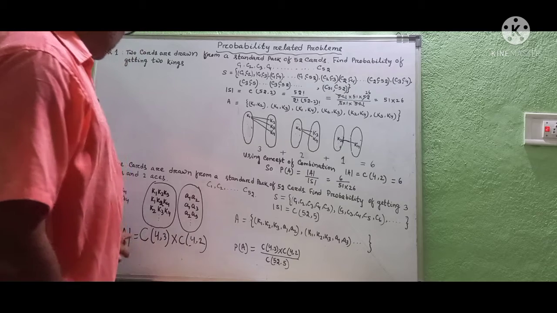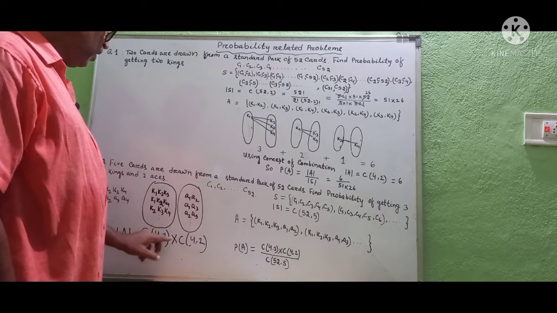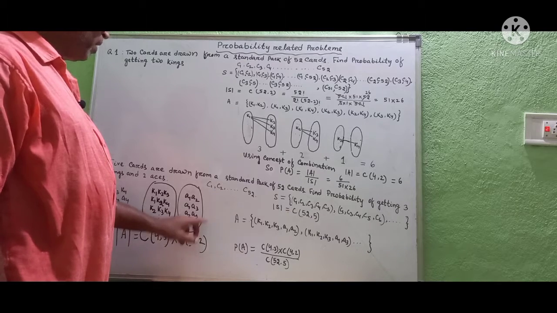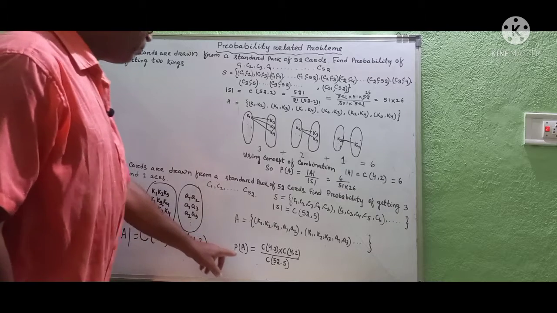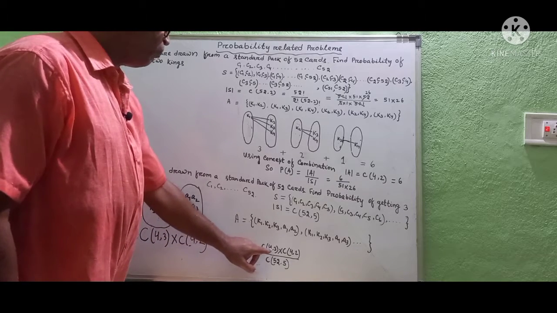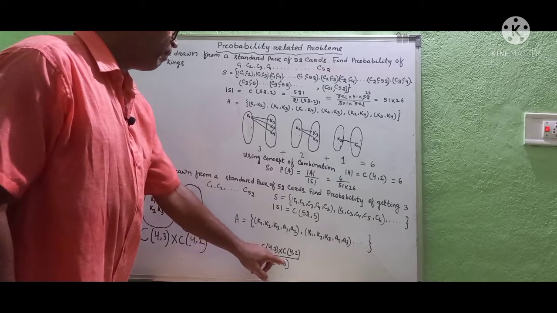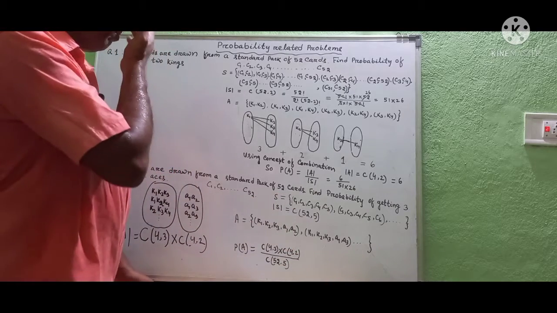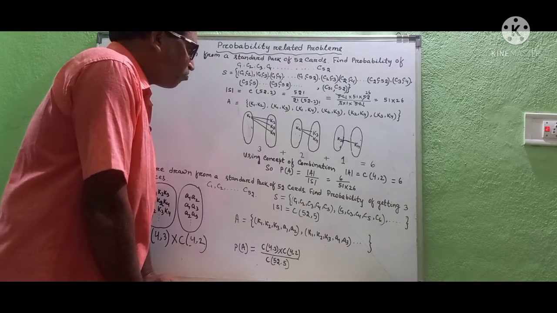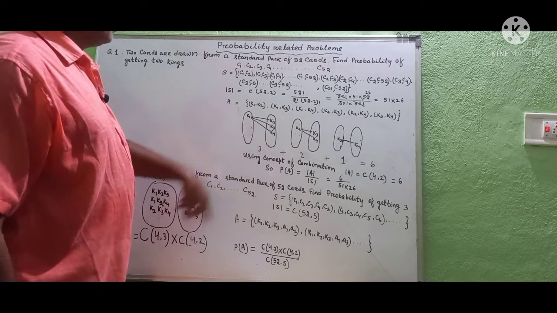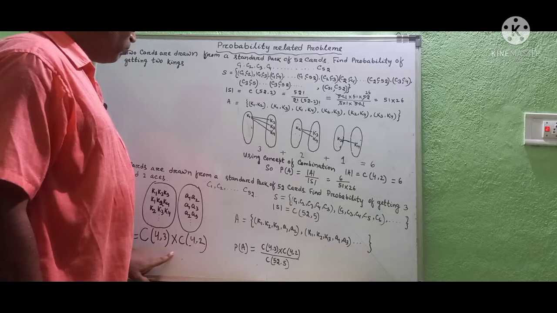So the cardinality of A is equal to C4,3 into C4,2 by the counting principle. So the probability of A is equal to C4,3 into C4,2 by C52,5. This is the probability of the event. You compare this: here the counting principle is not possible, and here the counting principle is possible.